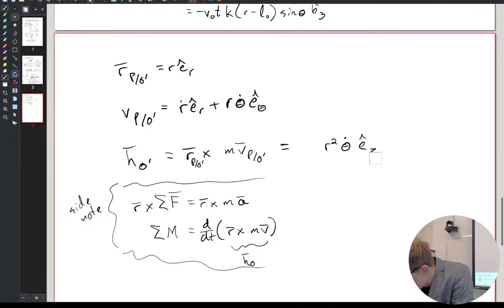It could be B3, or just something coming up out of the page. And the only extra part is just mass times that.